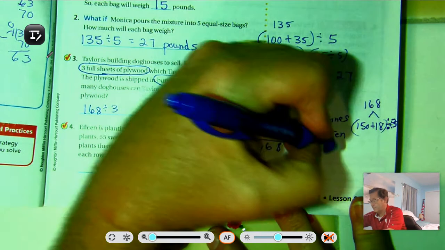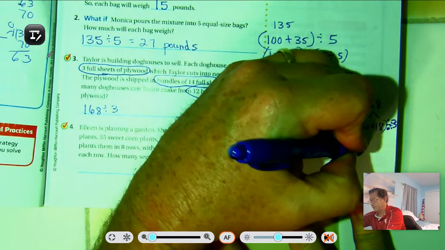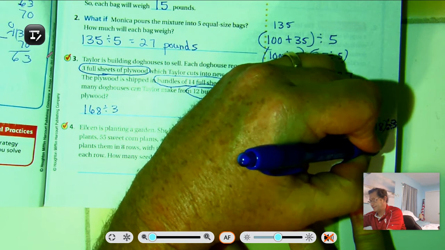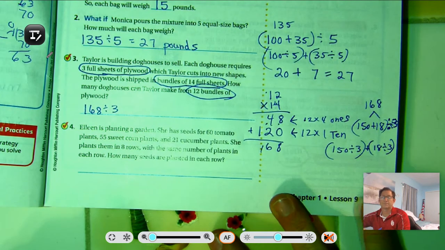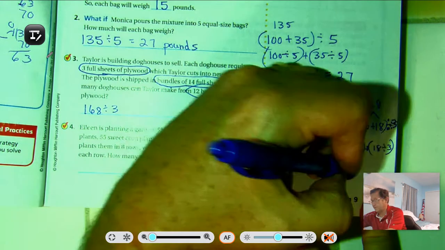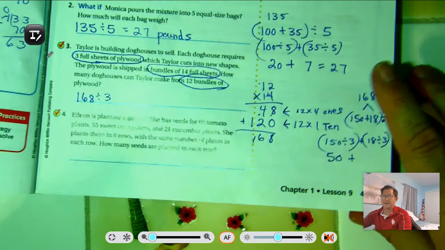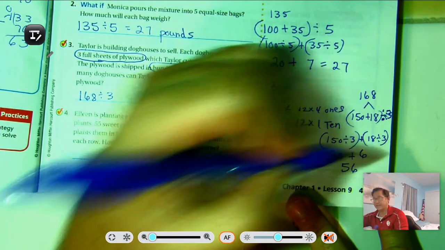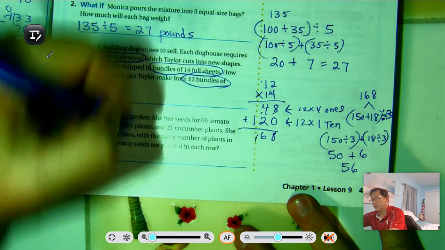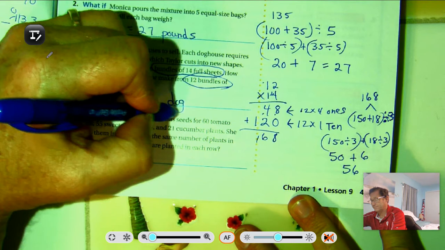So 150 divided by 3 plus 18 divided by 3. Okay, so we already said 3 times 50 is 150, and 3 times 6 is 18. Add those together, we get 56. So he could make 56 doghouses.